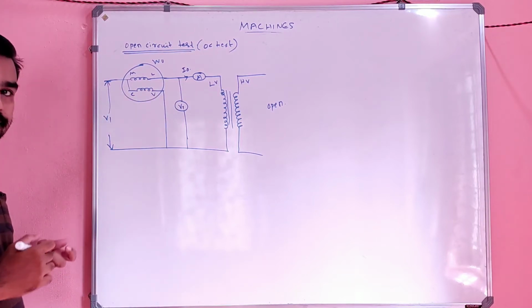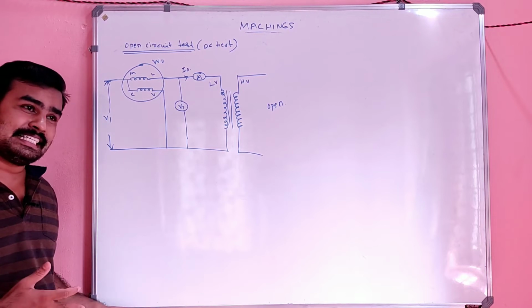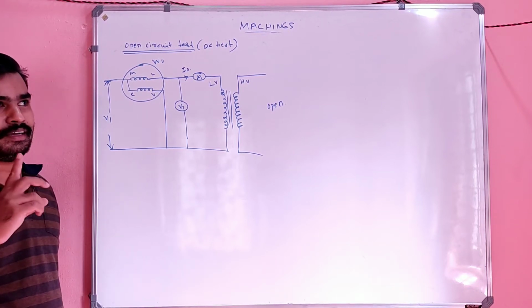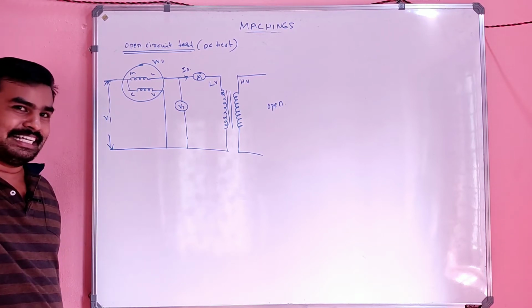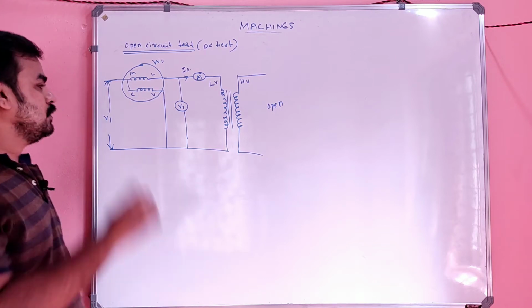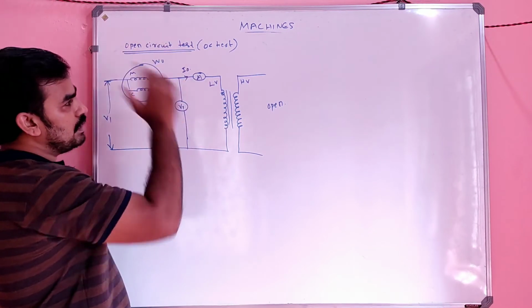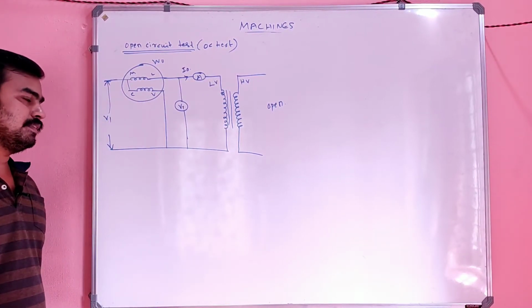You already did this in the laboratory, I think in third or fourth semester, in the measurement laboratory. So there is a wattmeter, a voltmeter and an ammeter. The arrangement will be like this.